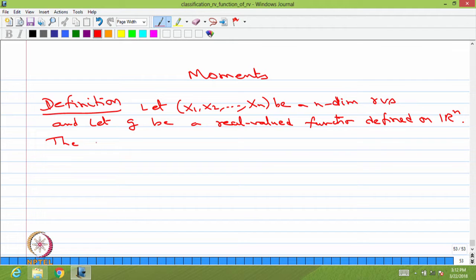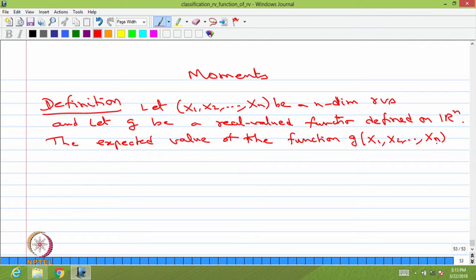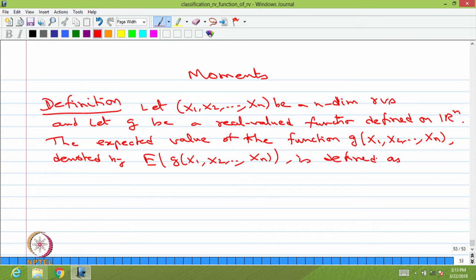The expected value of the function g of X1, X2, and so on, Xn, that is denoted by expectation of g of X1, X2, and so on, Xn, is defined as follows.